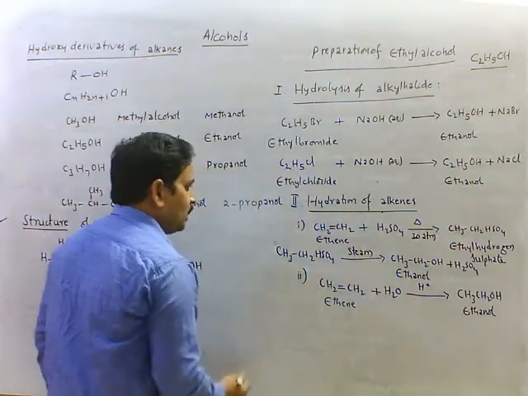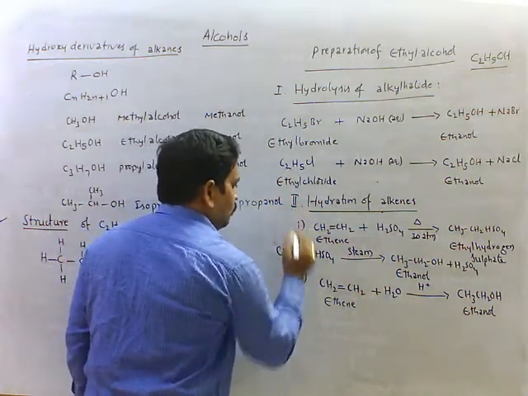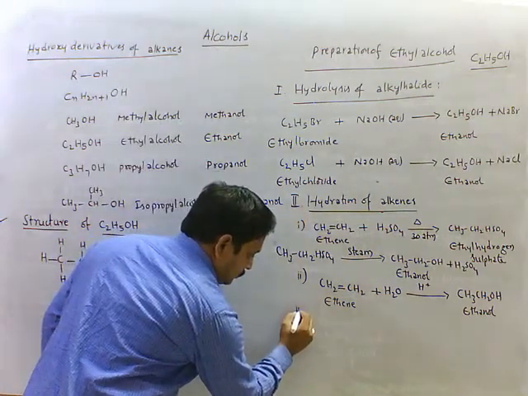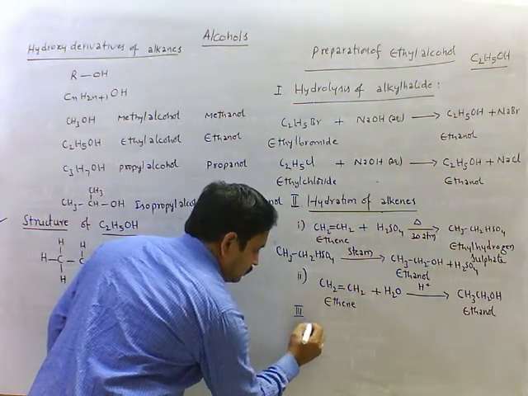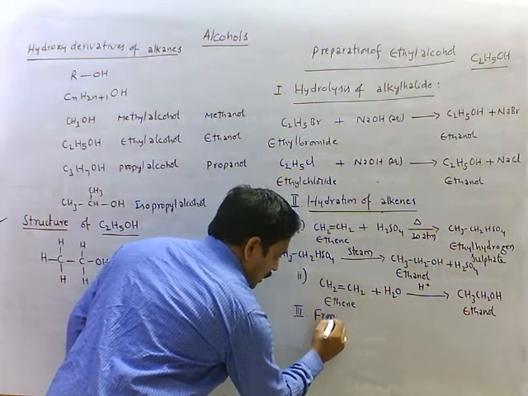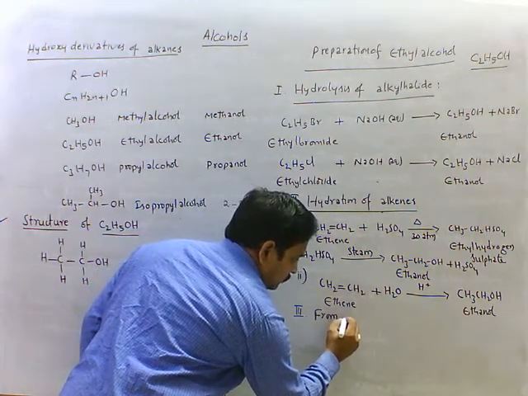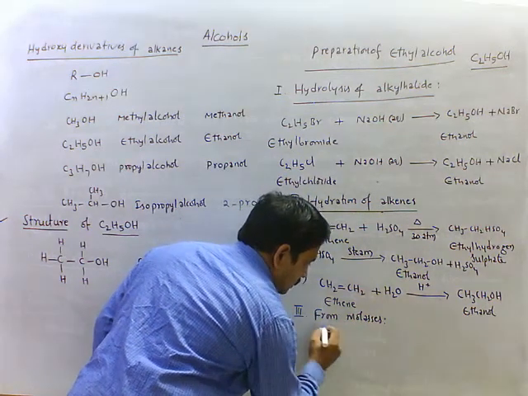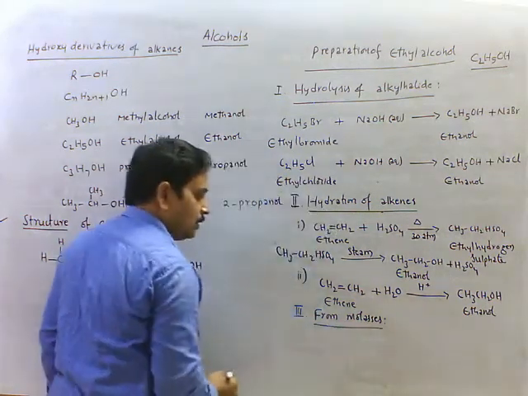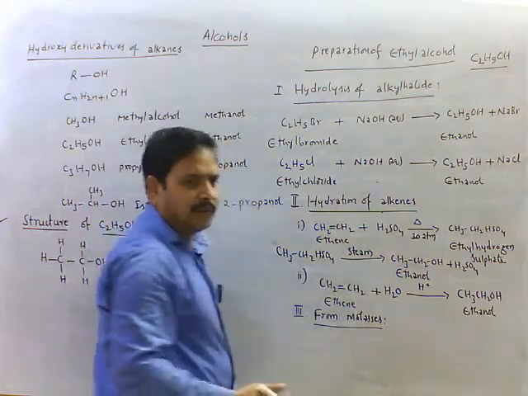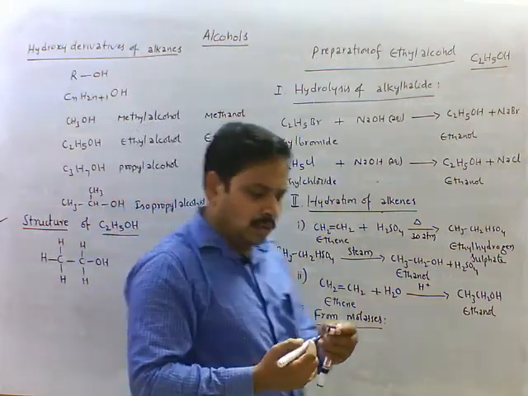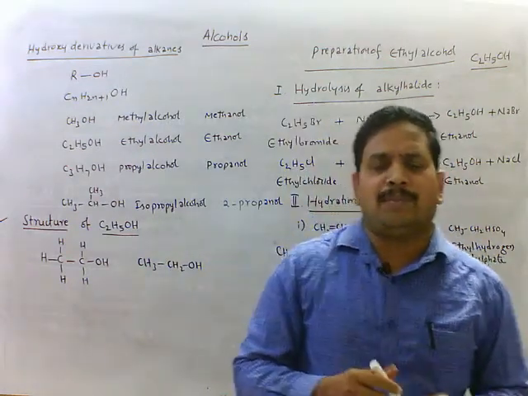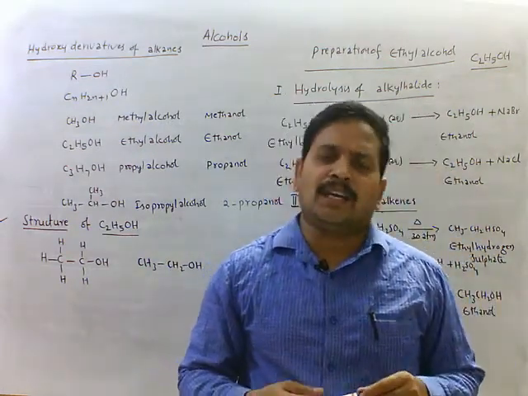Now the third method, from molasses. Molasses contains sucrose. Sucrose is converted into glucose and fructose by an enzyme, the invertase enzyme.